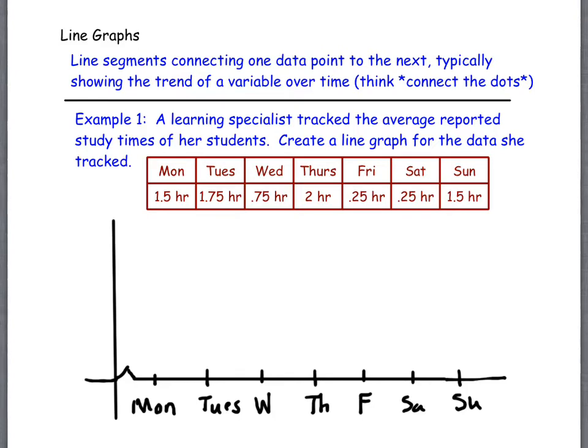All right, and then we've got data values. The smallest one's what? 0.25, and there's a couple of those, and the largest one is 2 hours. All right, so along my axis on the left, I need increments of 0.25s, right? Because everything is in terms of quarters of an hour.